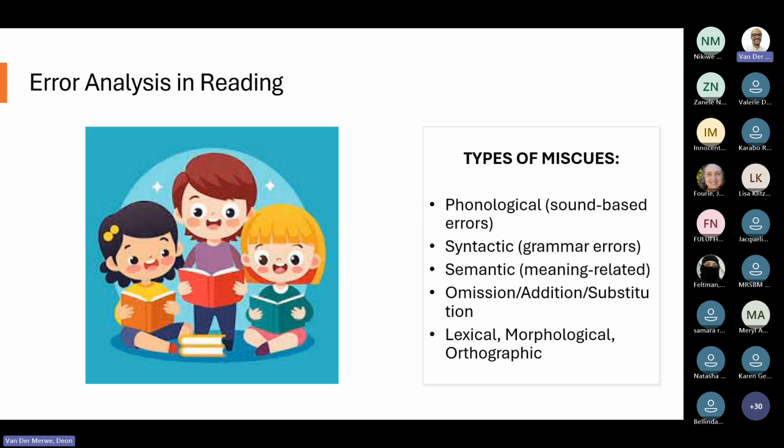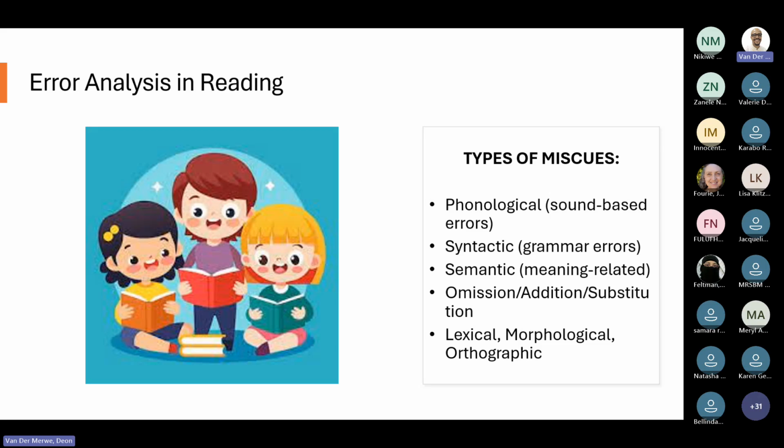Now, in terms of phonological errors, this is all about misreading similar sounding words, for example, the word cat, C-A-T, as cap, C-A-P. Then we have syntactic errors, which are grammar mistakes, for example, a child saying "he go" instead of "he goes."